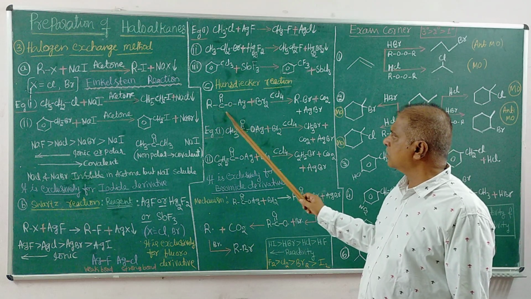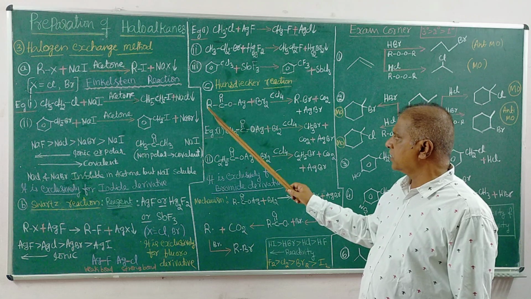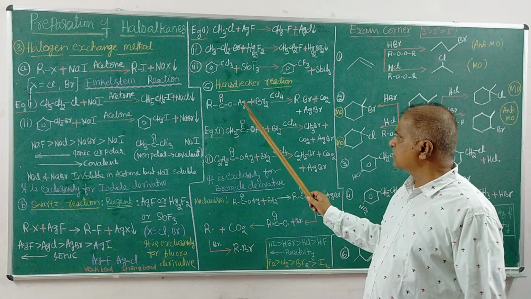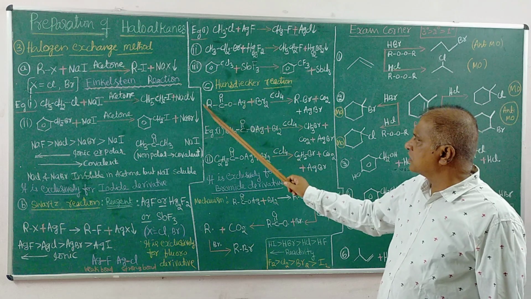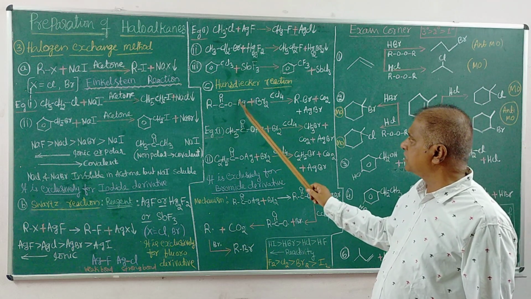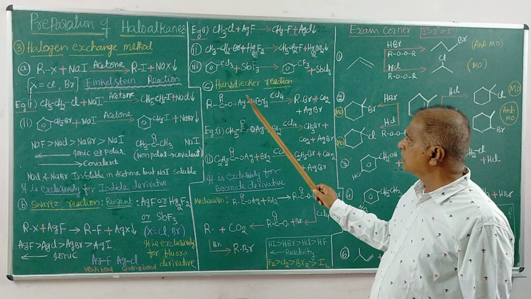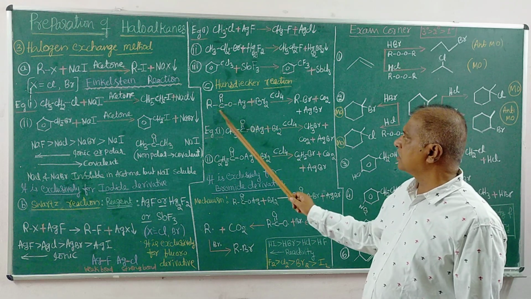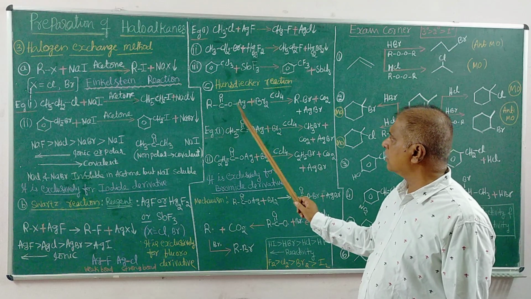This is the carboxylic group, and there is a hydrocarbon part. If H is there in place of Ag, it becomes a carboxylic acid or organic acid. If you replace that H by Ag, it becomes a salt, the silver salt of a carboxylate, that is, silver carboxylate.